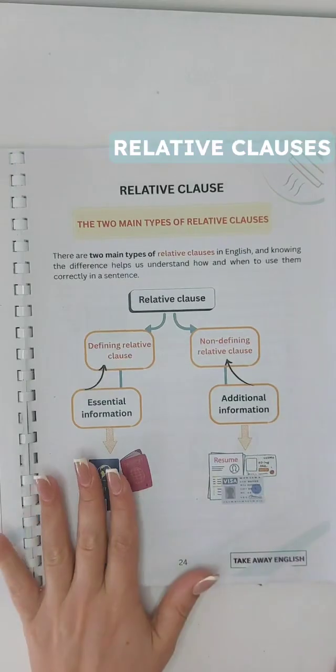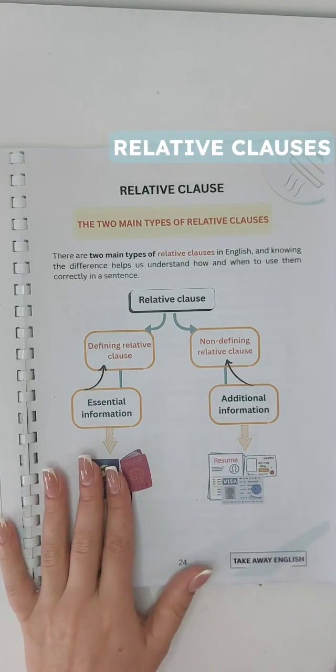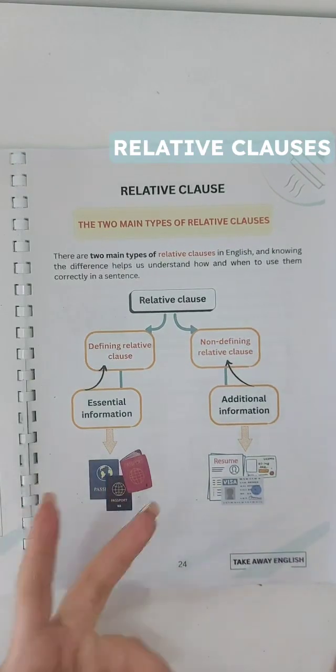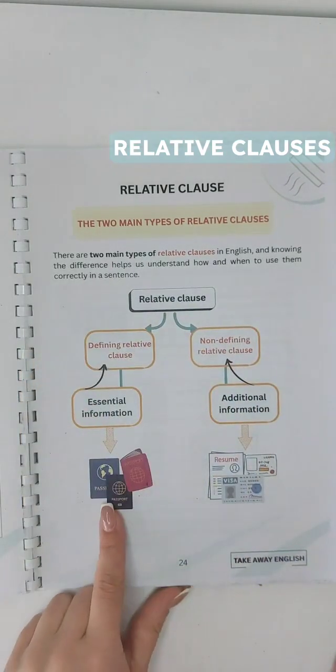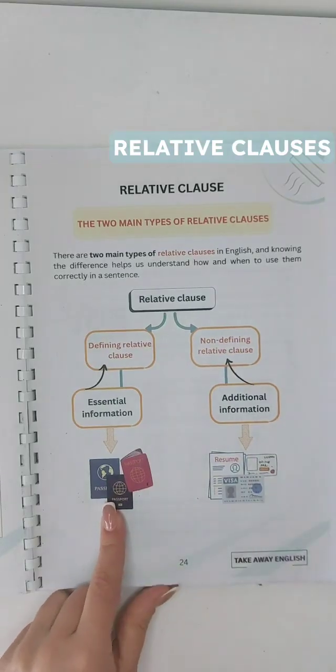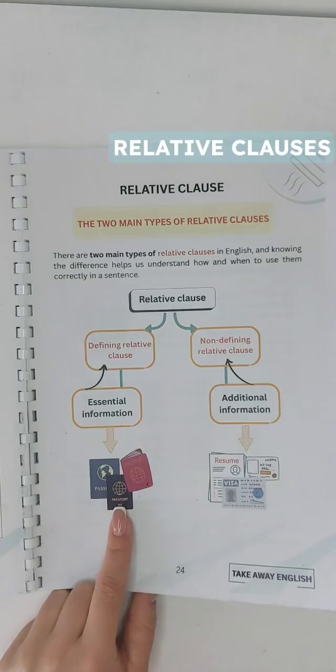They have different rules and structures. That's why it's better to first learn everything about defining relative clauses and then move on to non-defining, okay?